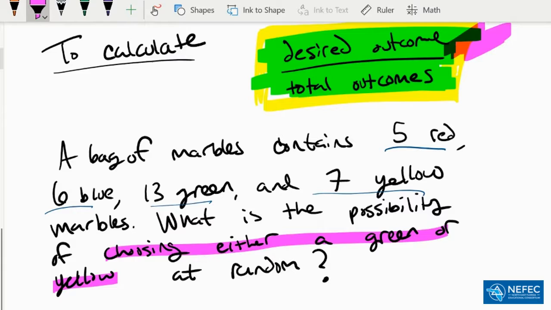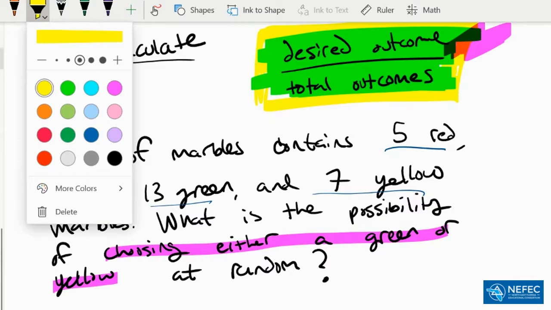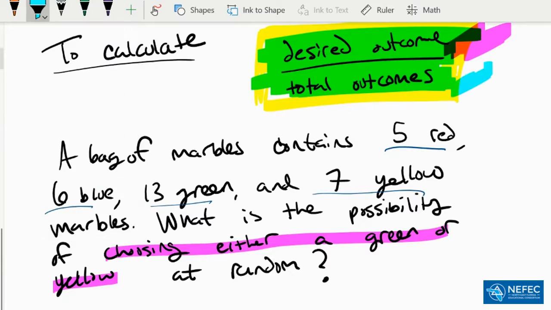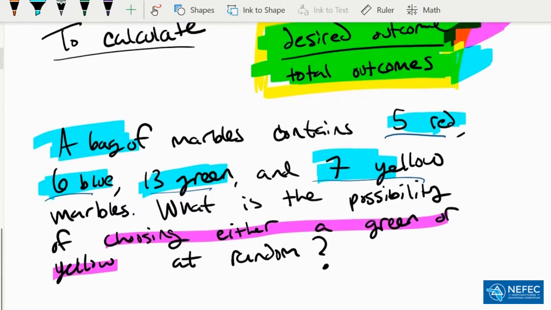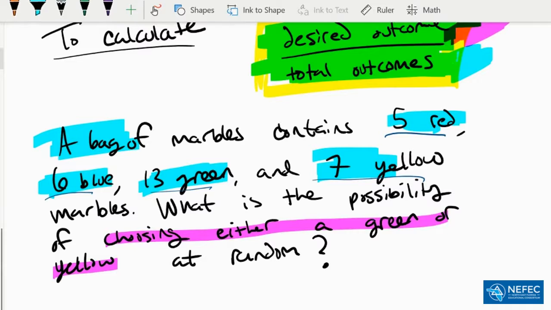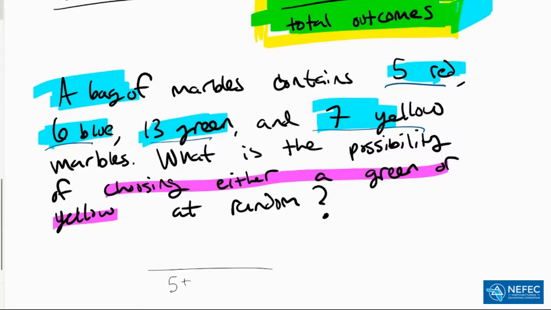To find the total outcomes, we look at everything in that entire bag: 5 red, 6 blue, 13 green, and 7 yellow. So what is the amount of total possible outcomes? We just have 5 plus 6 plus 13 plus 7. That gives us our total possible outcomes.